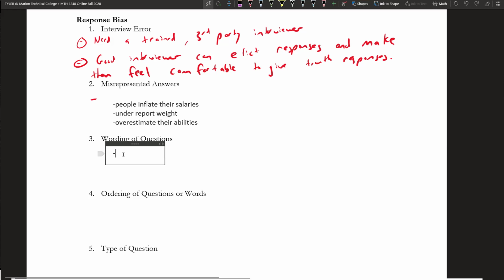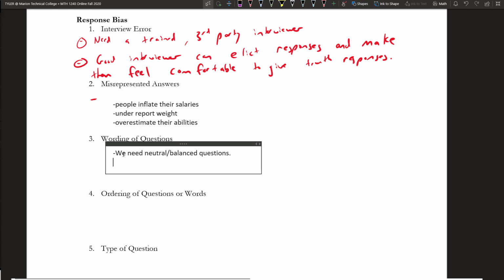Right, so the next item, number 3, is wording of questions. Some things to keep in mind is that we need neutral and balanced questions. How you word a question can influence how someone answers it. Like if you said, I'm against people who receive speeding tickets, have you received a speeding ticket?